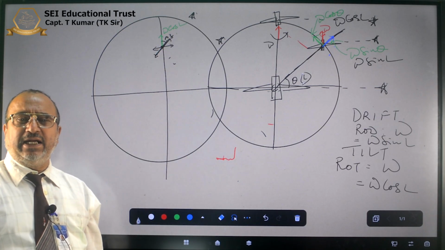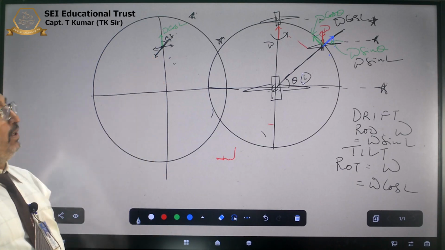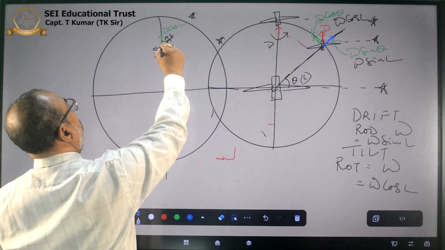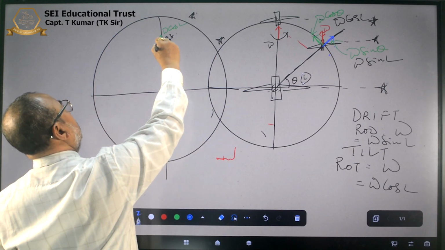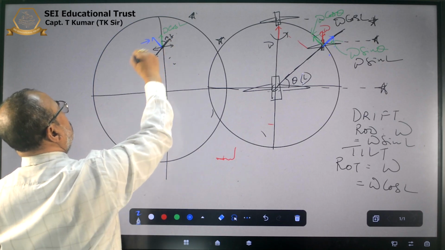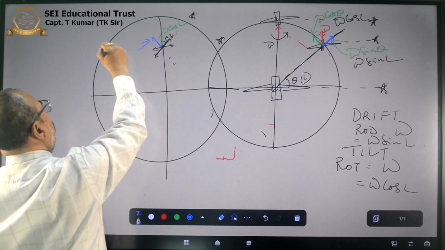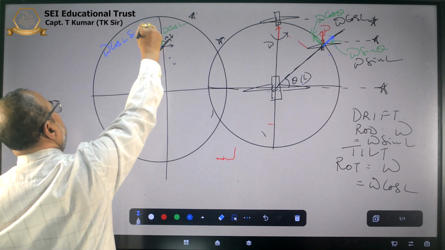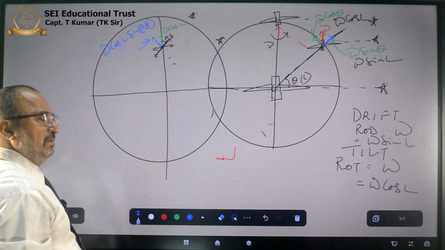So, in this case what will be the tilt component? This tilt component will be lying this direction and which is known as omega cos lat sin azimuth.